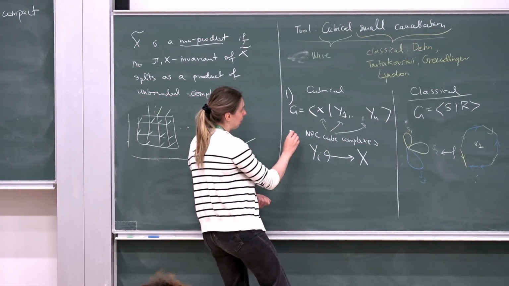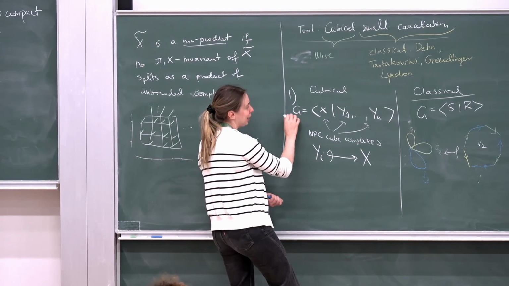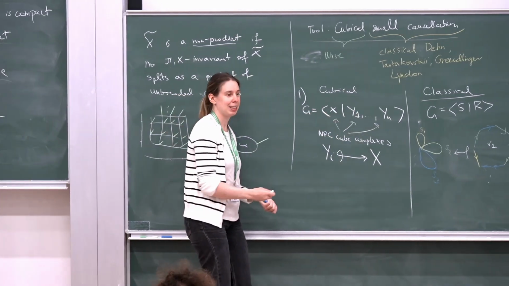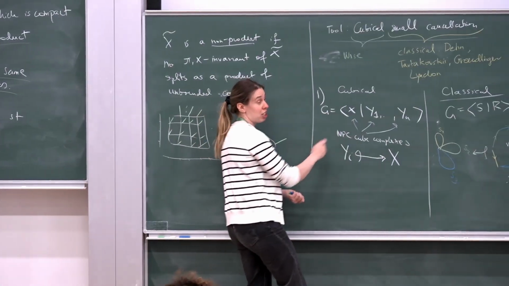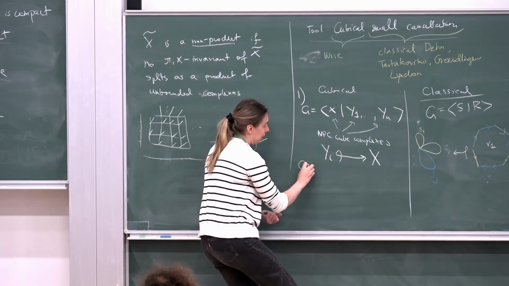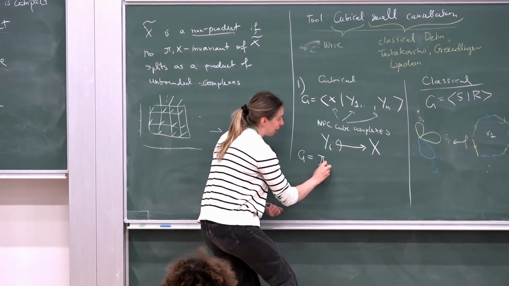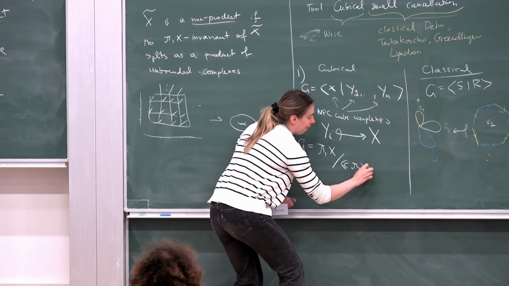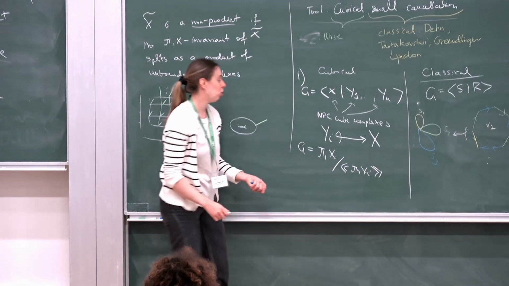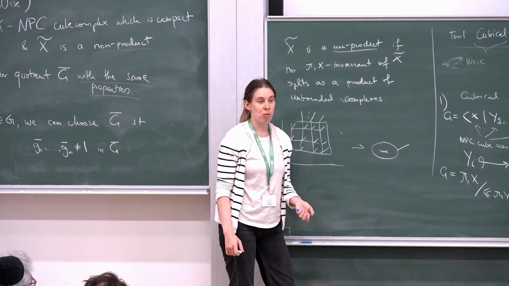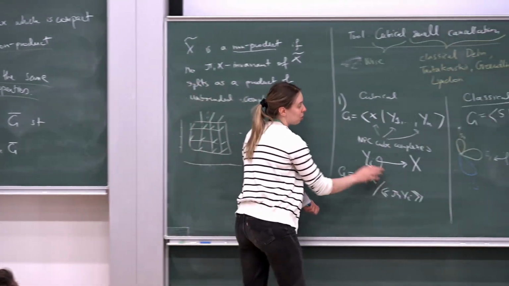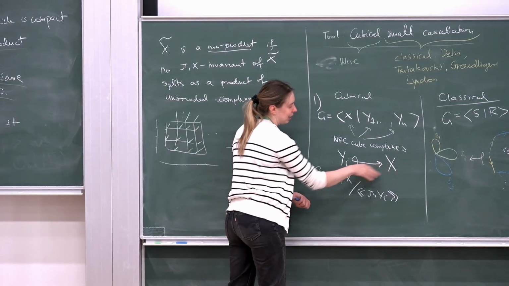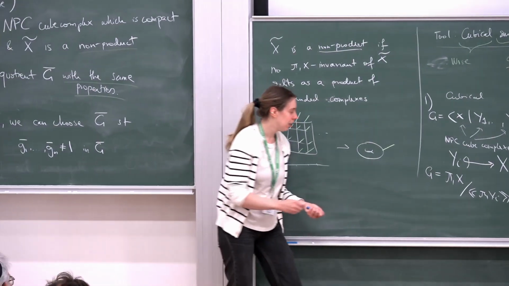When I write something like this, this is really just a list of complexes. What I mean when I say that G is a group defined by this is that you can write it as the fundamental group of X modulo the normal subgroup generated by the fundamental groups of each Yi, induced by this embedding.